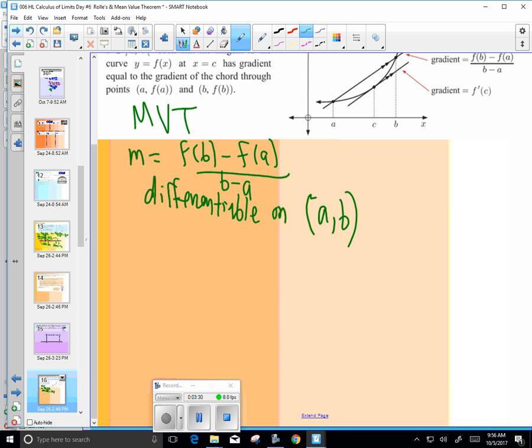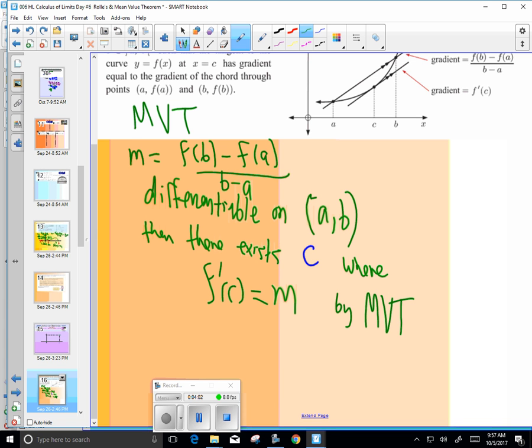Then there exists C where, are you ready for this? F prime of C equals what? 0 for Rolle's theorem, M for mean value theorem, any slope. Okay? And you would say by mean value theorem.